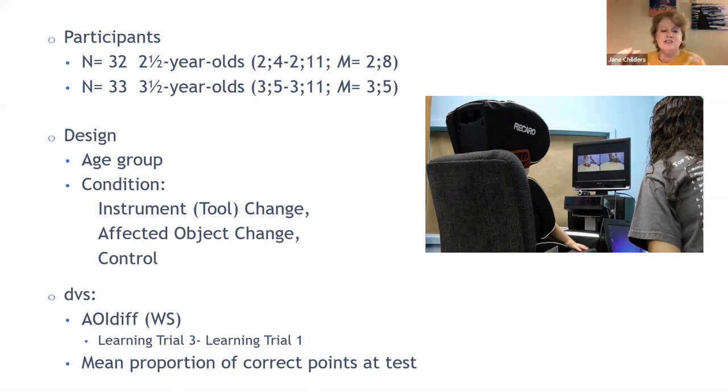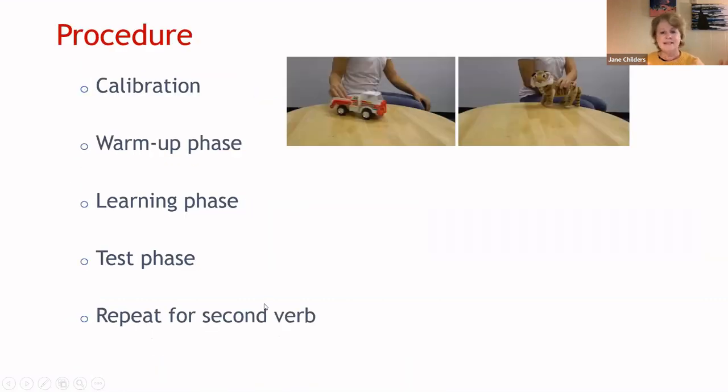Do they adjust their looking as the trials go on? So as they go from trial 1 to trial 2 to trial 3, do they adjust their looking to that changing element? And then can they learn it at test? Can they extend it at test? So we have the same beginning, calibration, there's a warm up, learning, test, repeat.